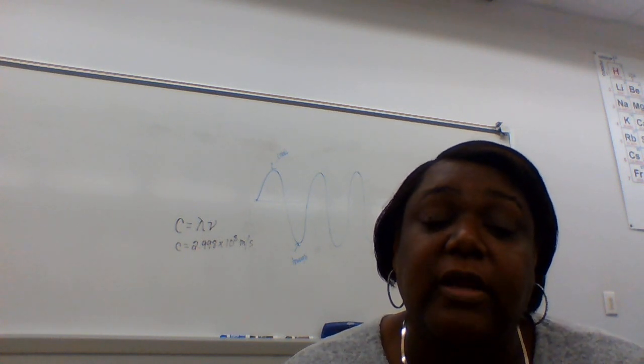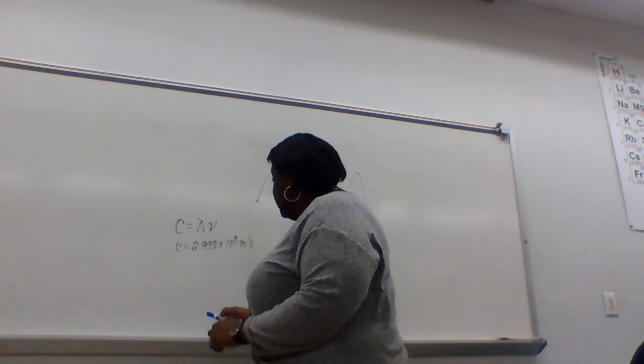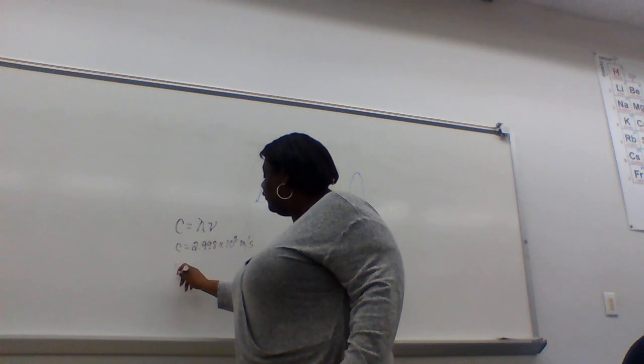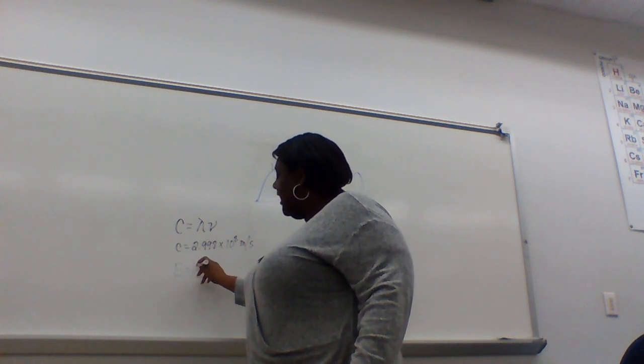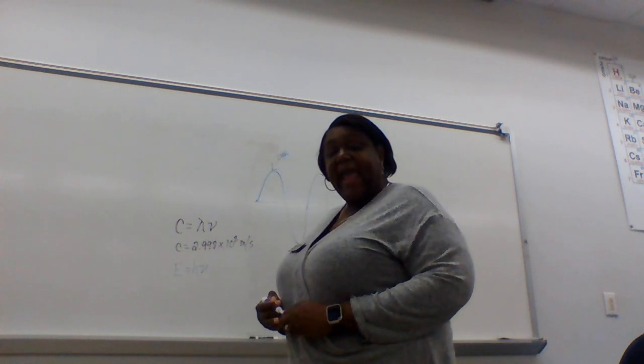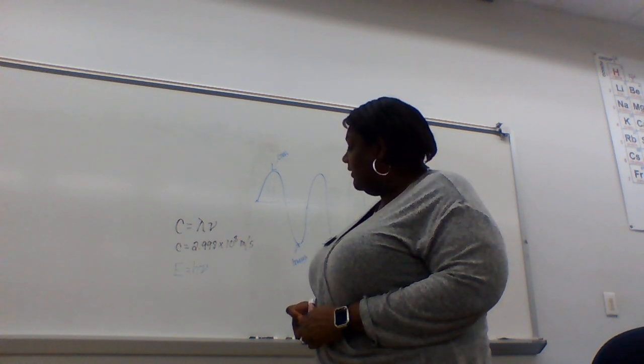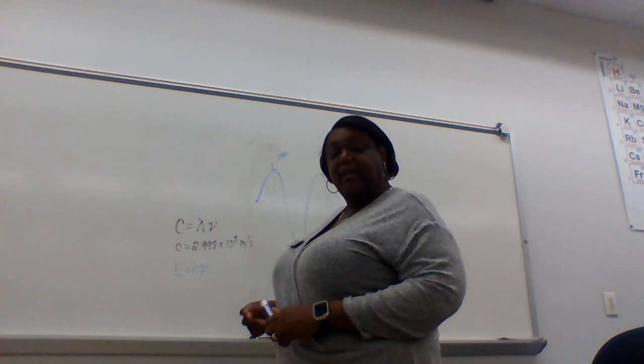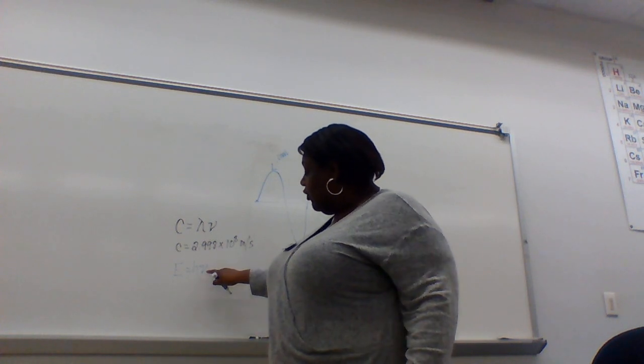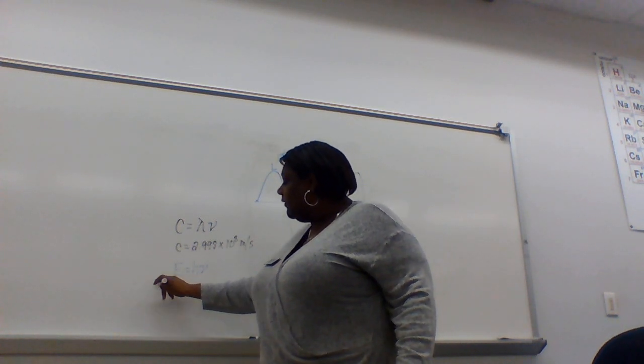And so the formula to solve those kinds of problems is E equals h nu. E stands for energy, h stands for Planck's constant, and nu again stands for frequency. Again, the units for frequency have to be hertz.